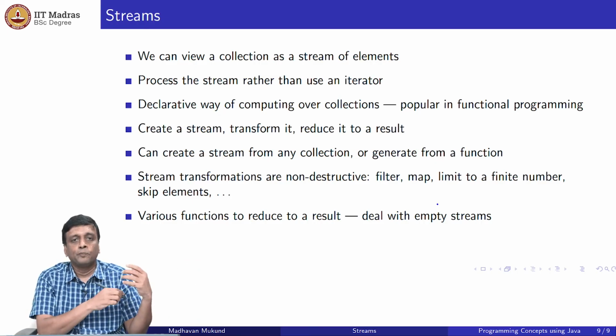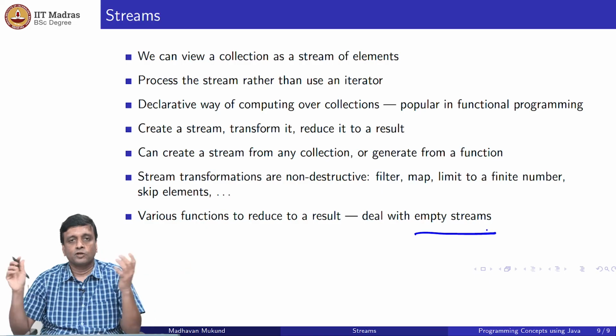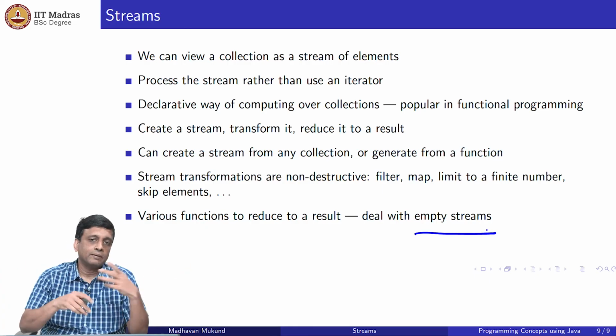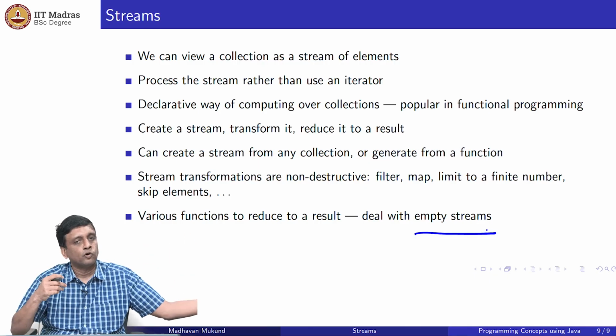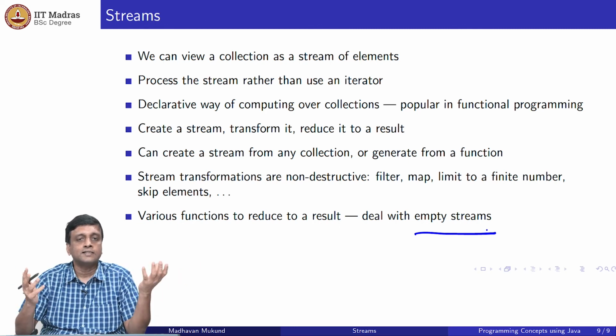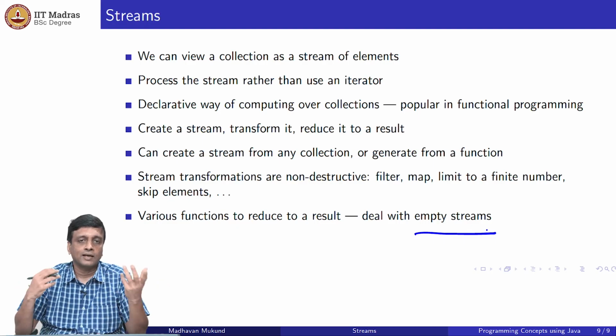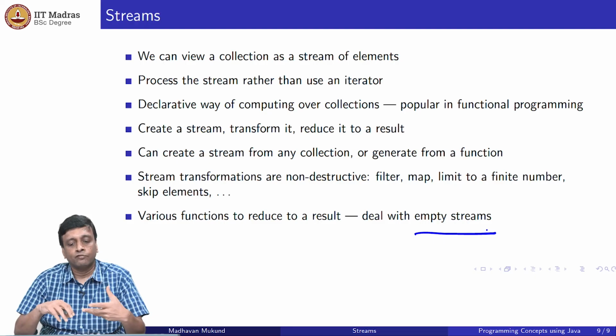And when you produce a result, one of the problems we have to deal with is the empty stream, because in this whole process of mixing and matching and filtering, we might have generated something which produces no output. If we have no output, then the result that we are trying to compute may not be a valid thing. If it's a count, for instance, it will just be 0. But if it was max, or the first element or the last element, that doesn't make sense. So we have to be careful about empty streams, and we will see how to deal with them with these optional types later.